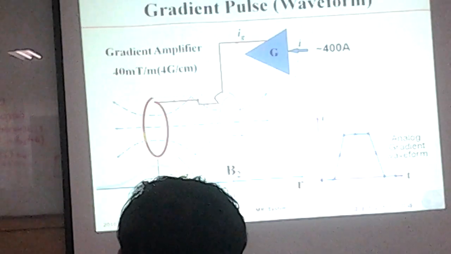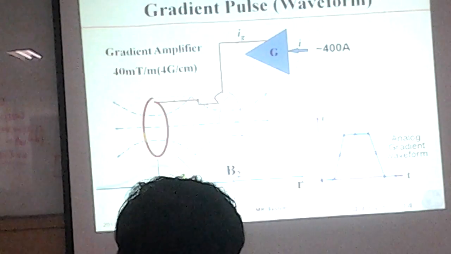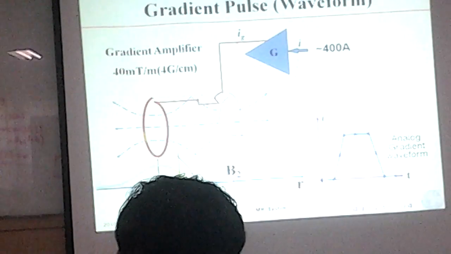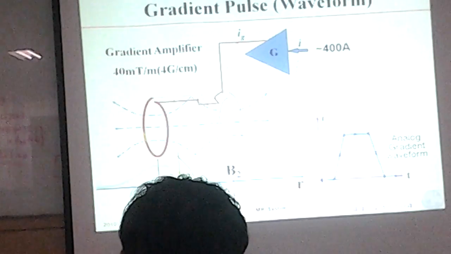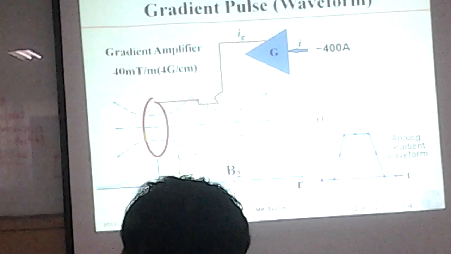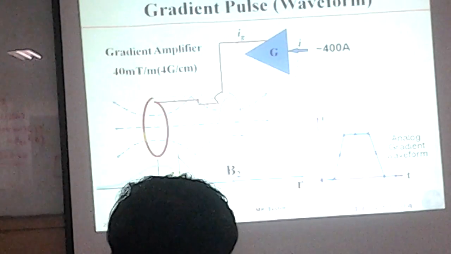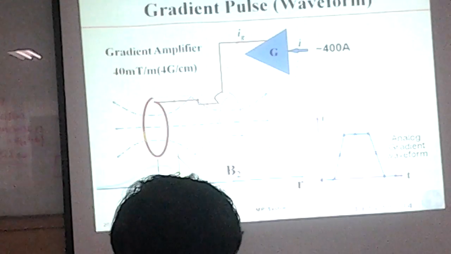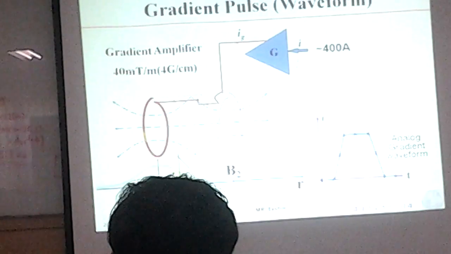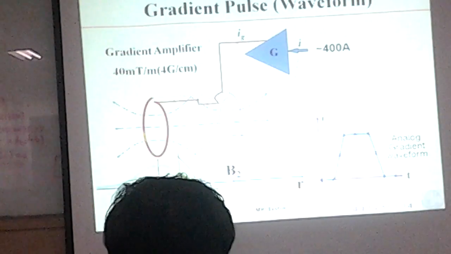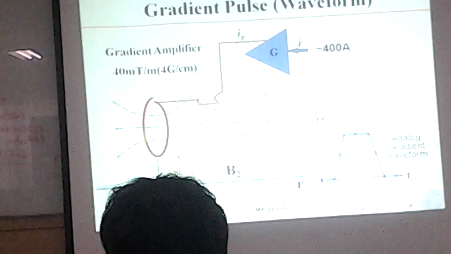So according to the current of the gradient coil, we can change the magnetic field strength because the slope changes, right? But at the center position, the magnetic field does not change, even though the gradient field is changed. It's the pivot of the gradient field, the center of the magnet.